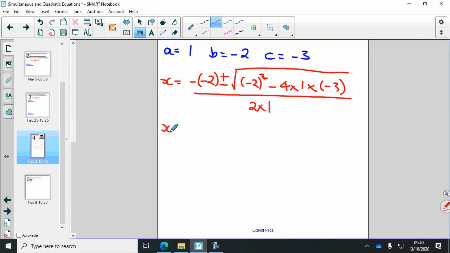So let's start simplifying that. Minus of negative 2 is positive 2. And plus or minus the square root. Minus 2 squared is 4. And then minus 4 times 1 times minus 3 is minus 12.